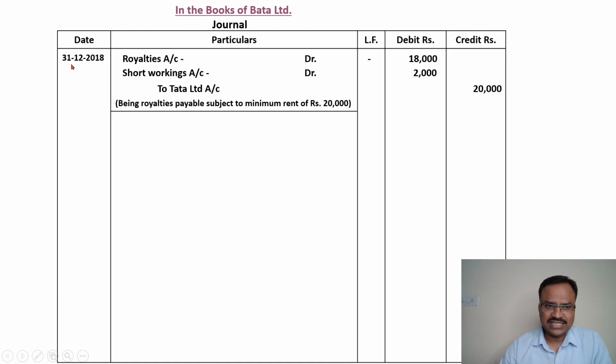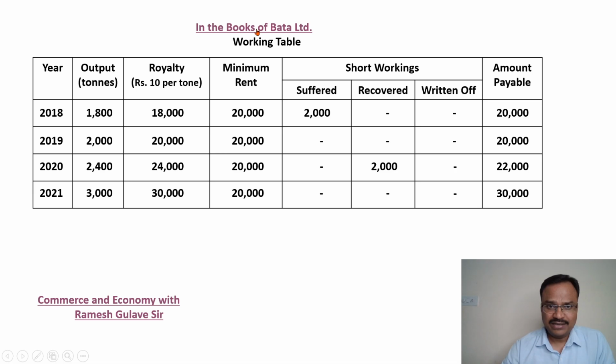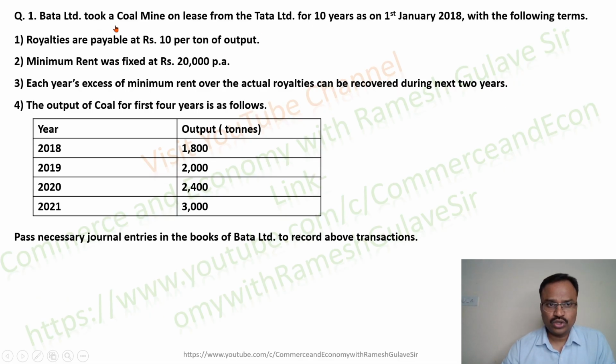And see friends, generally the entries for royalty account are passed at the end of the year. Okay. And here we have taken the date as 31st December 2018 because Bata Limited took this coal mine on lease from Tata Limited on 1st January 2018.